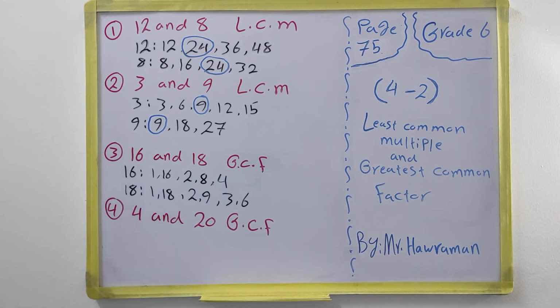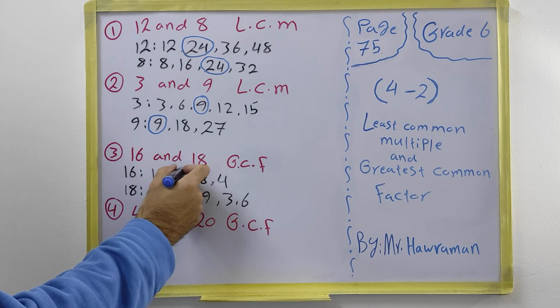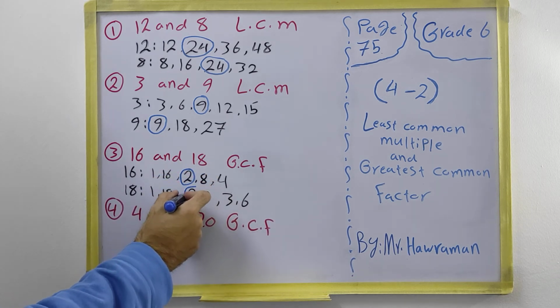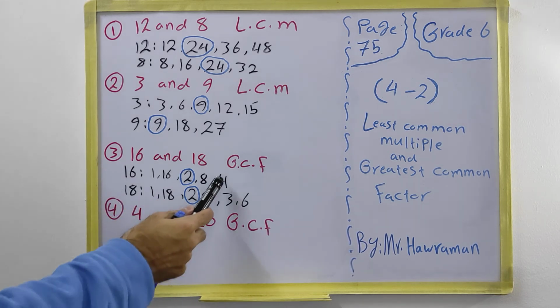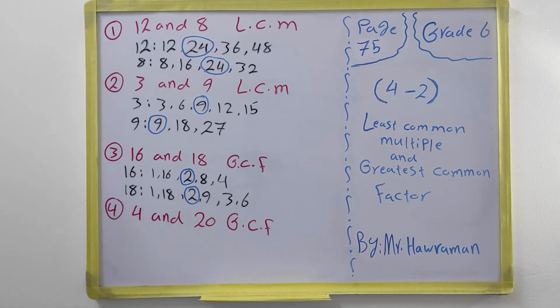No. If we choose number 2, we can see that we don't have any other number which is greater than 2 and common in both of the sides. So 2 is the greatest number that we have in both of the sides. So the greatest common factor between 16 and 18 is 2.